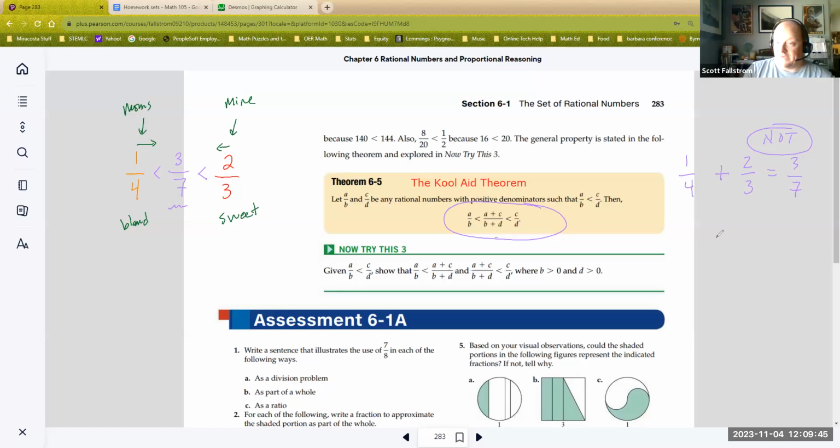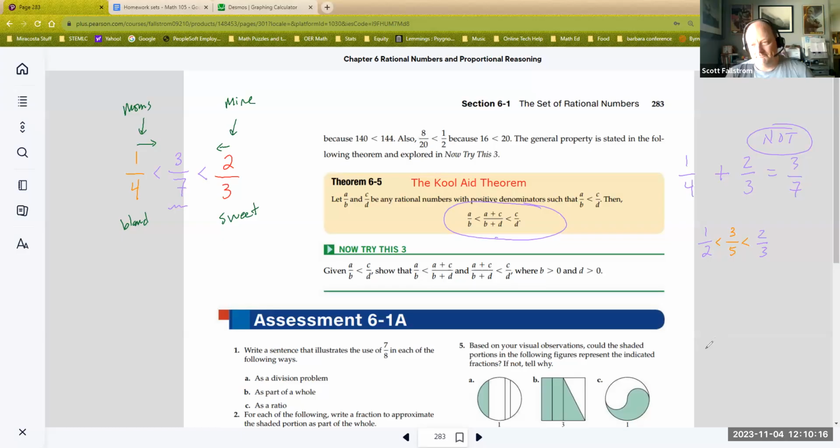Okay, so let me give an example, the one we just had. What was it? One half and 2/3, something like that, right? 1/2, 2/3. I went through the process to get a common denominator and then floffed it up to find things that are equivalent. But you could, if you wanted to, just add the numerators and add the denominators. So 1 plus 2 is 3, 3 plus 2 is 5, and 3/5 is between them.